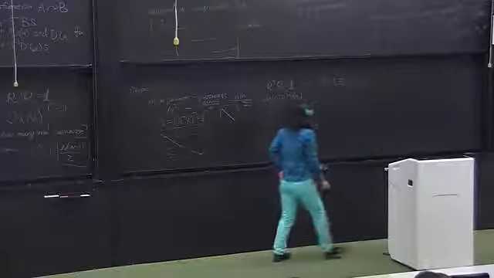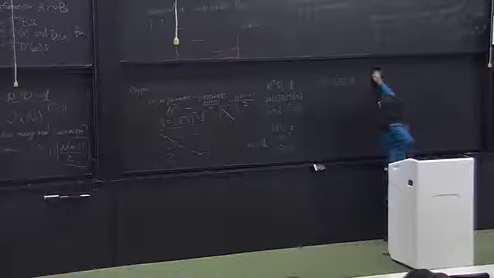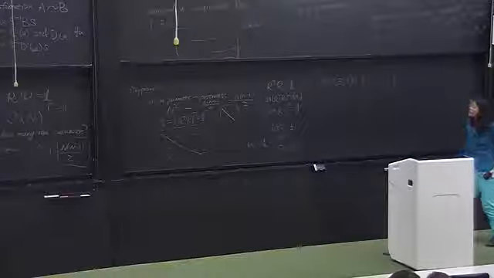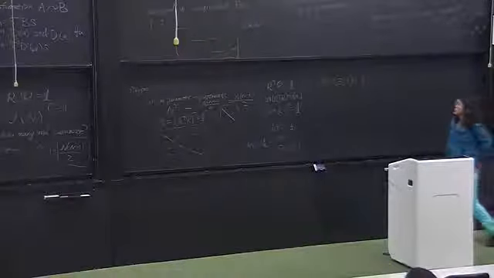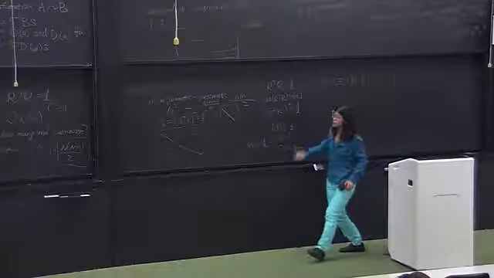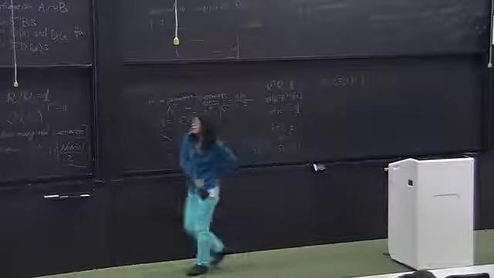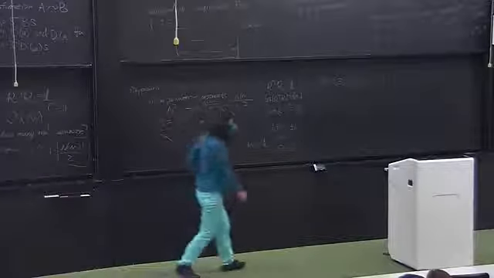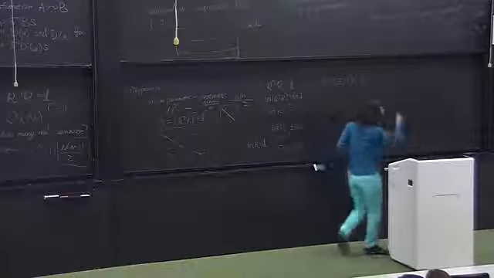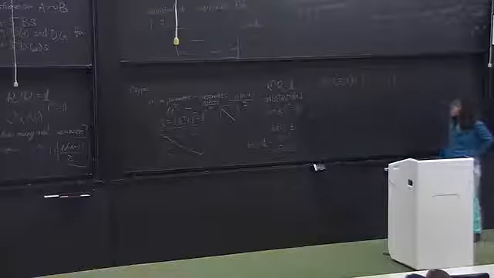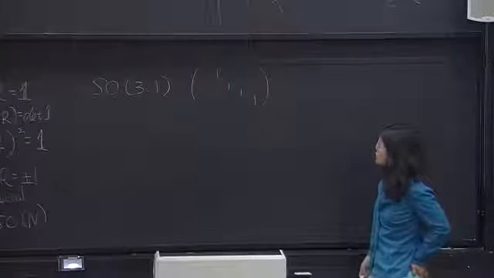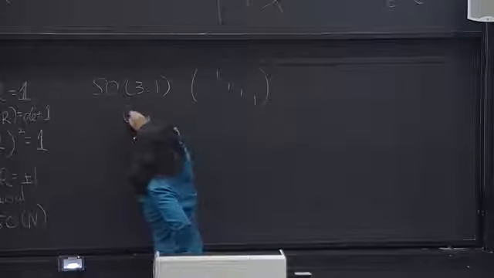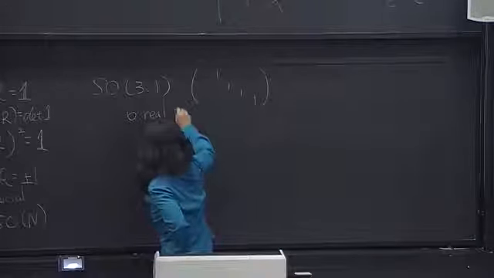And if we use a metric that has a negative entry, this is our Minkowski space. You can still define rotation in the same way, except your inner product will be defined with this eta mu nu that has negative entries. And this is an important group that has 6 real parameters.